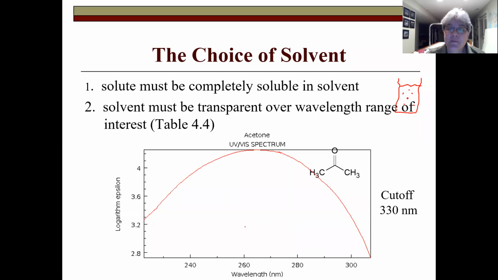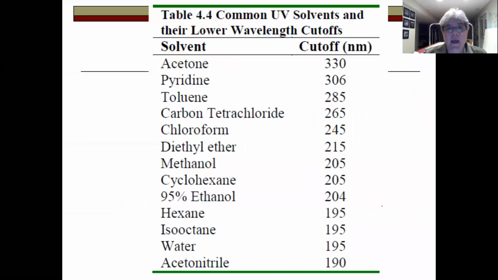If you're trying to measure your compound in acetone, you can't measure below 330 nm because the solvent absorbs. We call this the cutoff value, the lowest wavelength you can measure before the solvent interferes with your measurement. There are tables that show you the cutoff values. Notice acetone is quite bad. It's one of the worst.